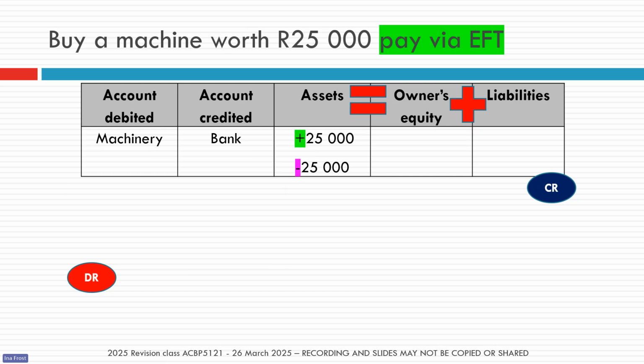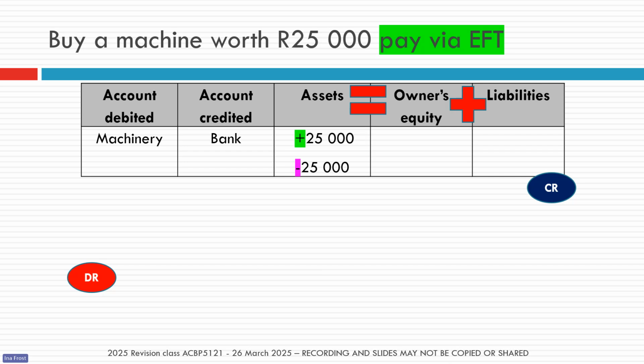So the first one is now I'm buying a non-current asset, machinery, and I'm paying via EFT. Remember again in the test, if you see the words pay via EFT, in your mind you should immediately translate that to bank.